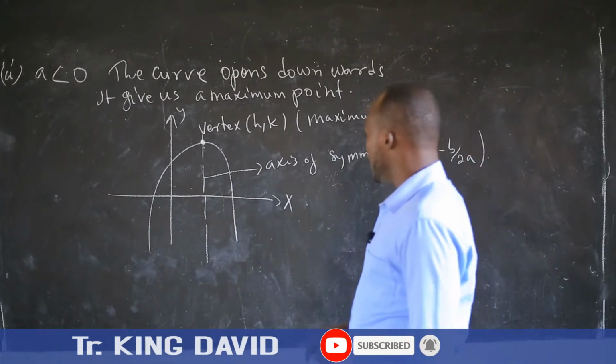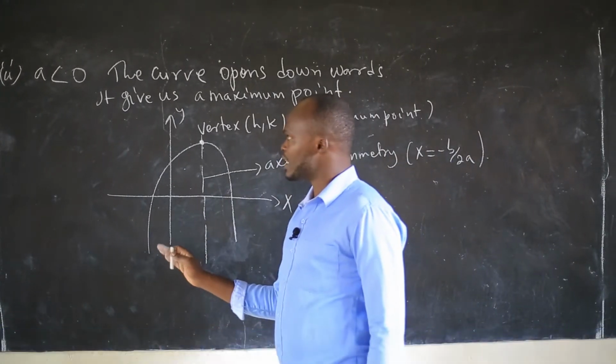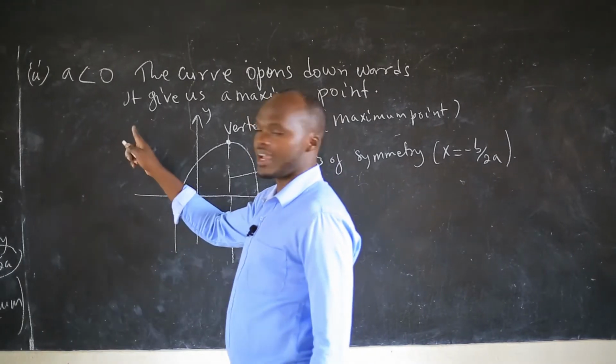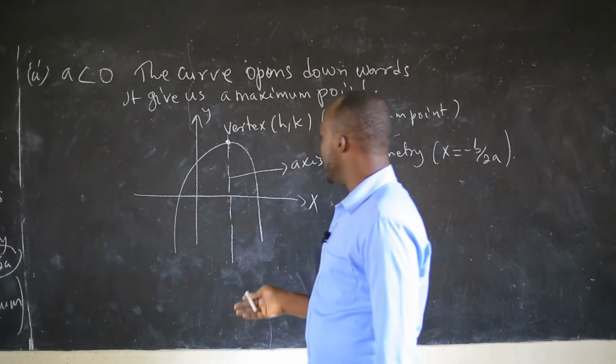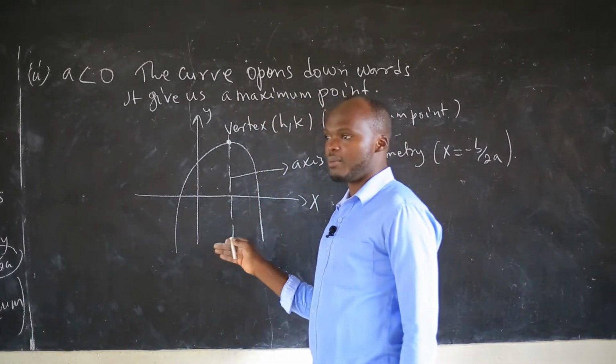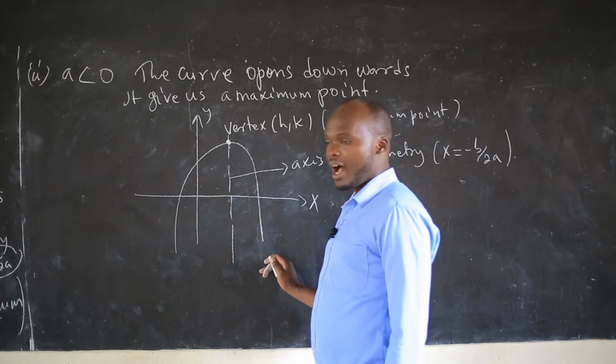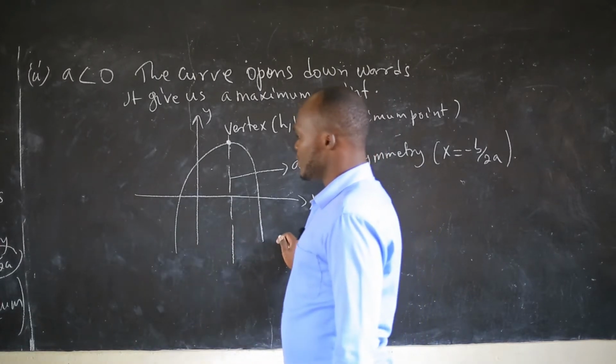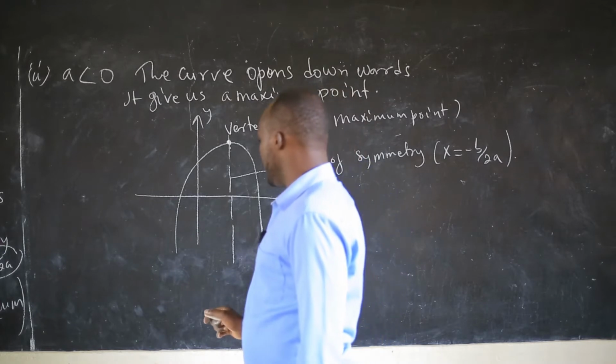So from there, we have two different types: where a is positive and where a is negative. One gives a maximum and the other gives a minimum point.